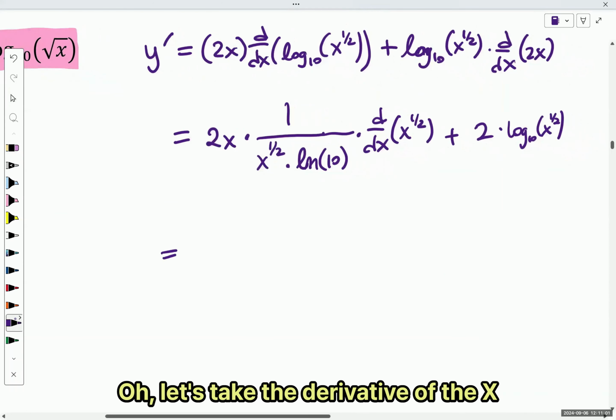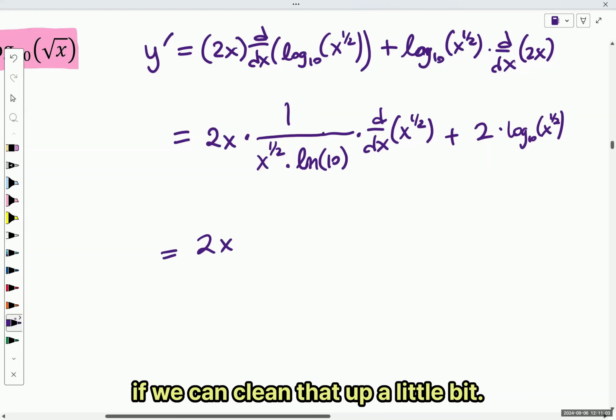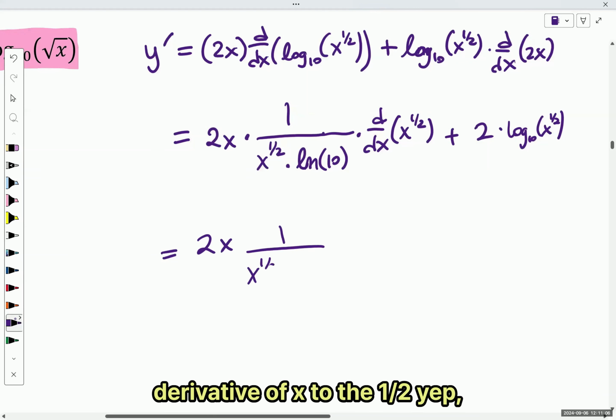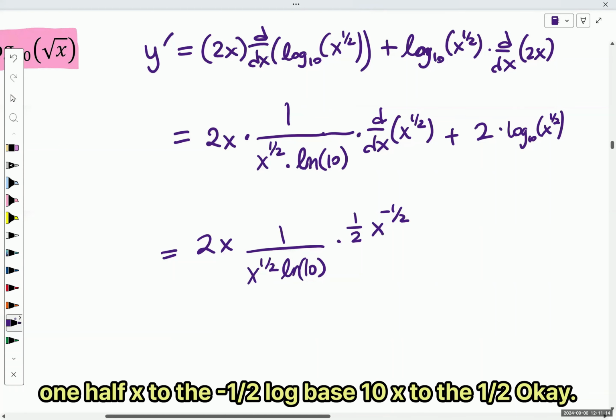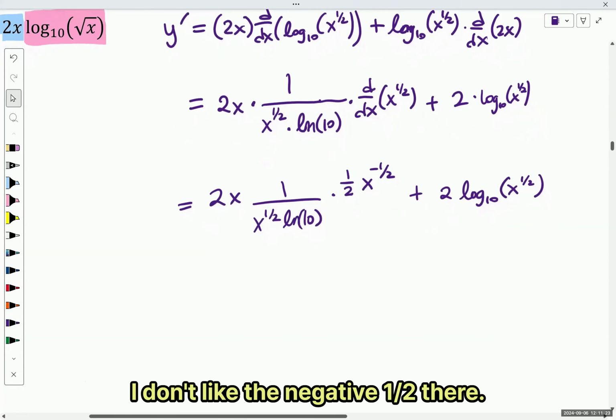Let's take the derivative of that x to the 1/2 and see if we can clean that up a little bit. Derivative of x to the 1/2: yep, 1/2 x to the negative 1/2, 2 log base 10 x to the 1/2. Okay. I don't like the negative 1/2 there.